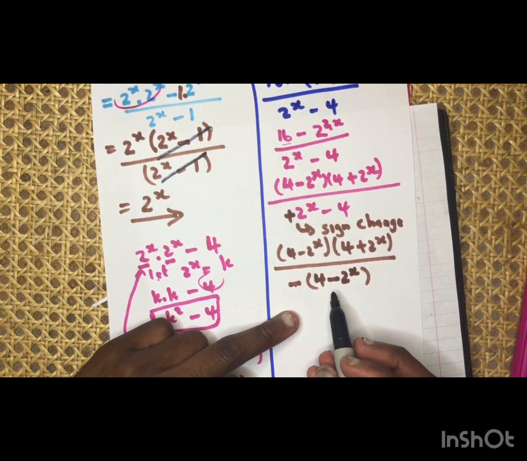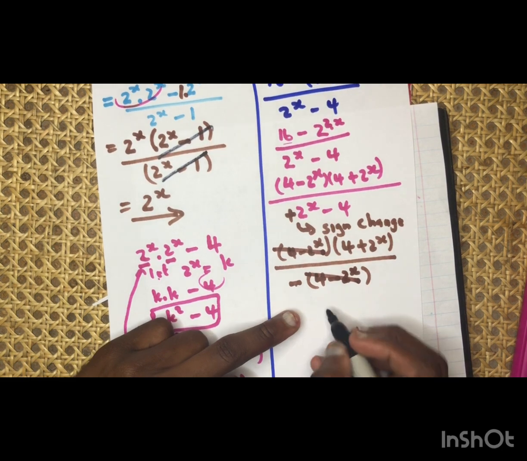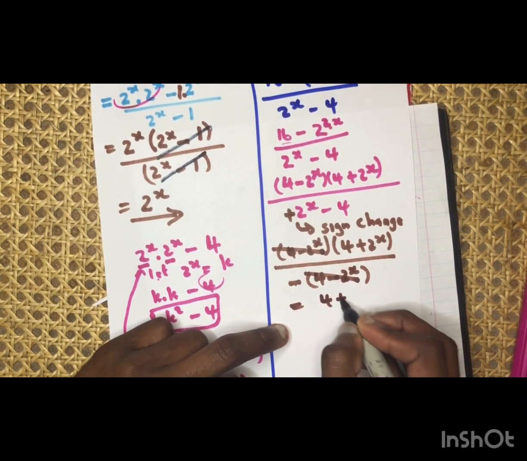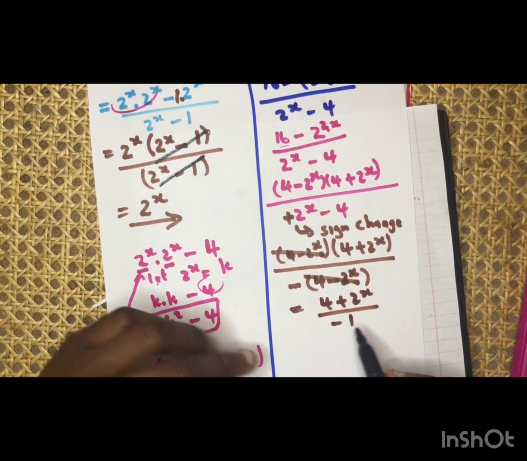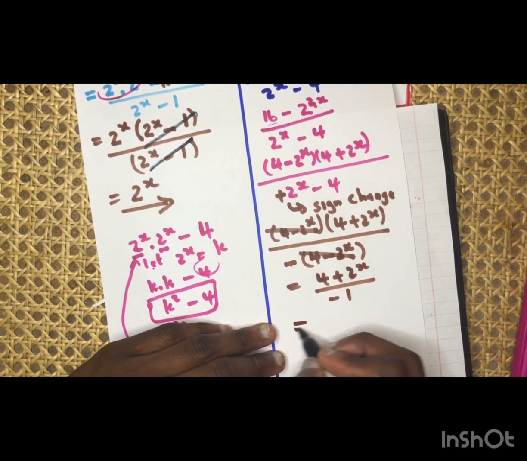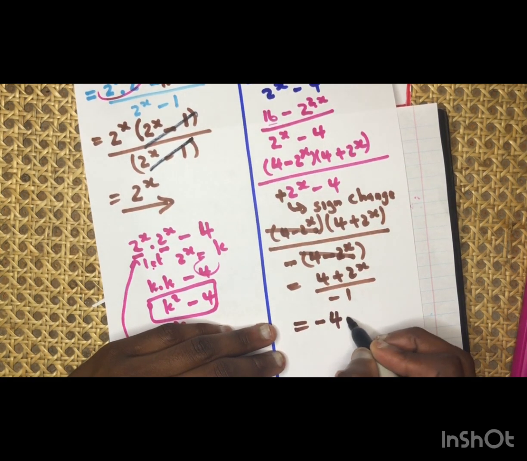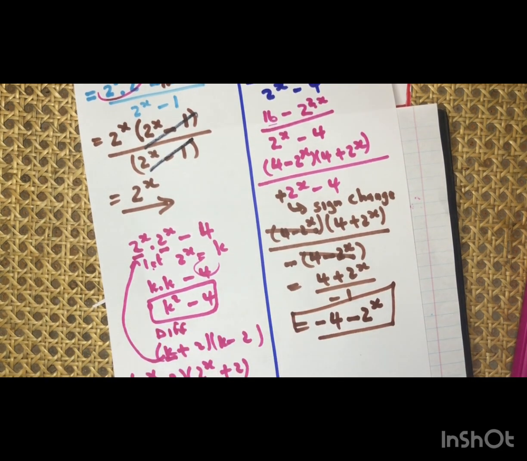So now we can cancel. So this will cancel this. So now we are left with 4 plus 2 to the power x divided by negative 1. So this negative is going to affect everything here on your numerator. So your final answer is going to be negative 4 minus 2 to the power x. So that's your final answer.